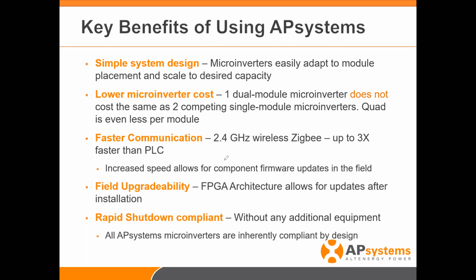But going to Zigbee, the installer no longer has to find a good outlet, good plug, good clean signal to the roof. This is all handled through the air now. Between the advent of the ECU-C, ECU-R, and Zigbee communication on all the inverters, it has cut down our calls. And I'm sure that you have experienced it before, trying to find a good signal to the roof using PLC.